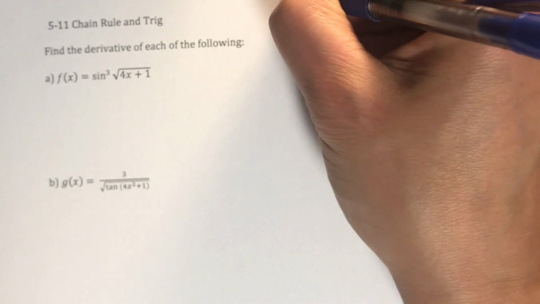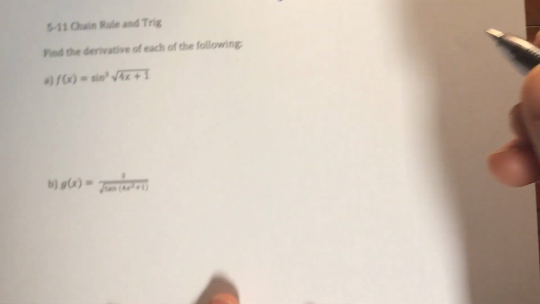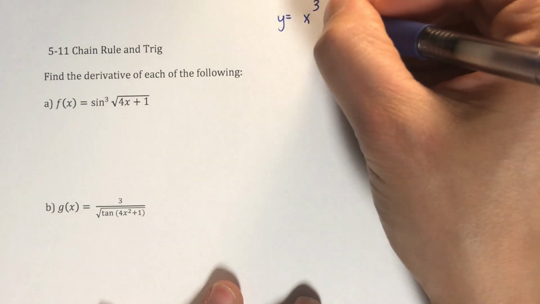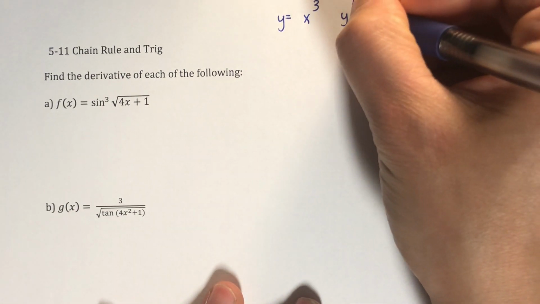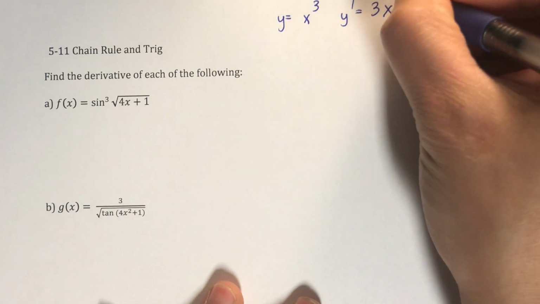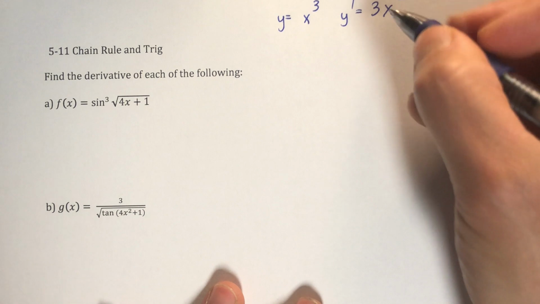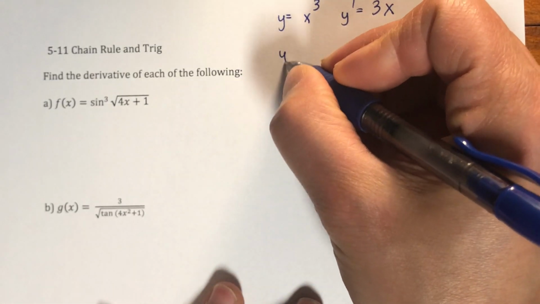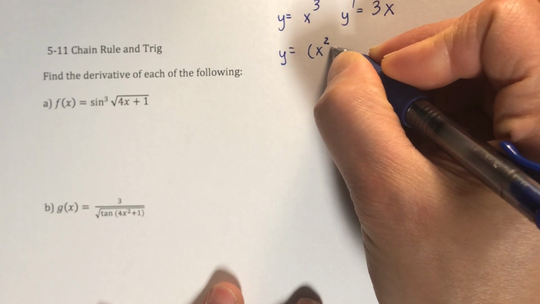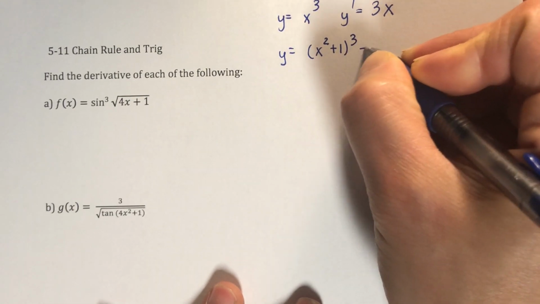So if I had a function that is y is equal to x to the power of 3 only, what would I do to find the derivative? I would bring the 3 in front, I would put the x and raise it to the power of 2, right? Now the next thing, what if I had x squared plus 1 to the power of 3?